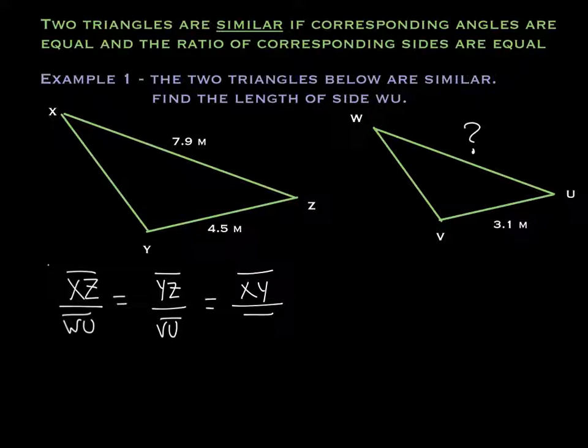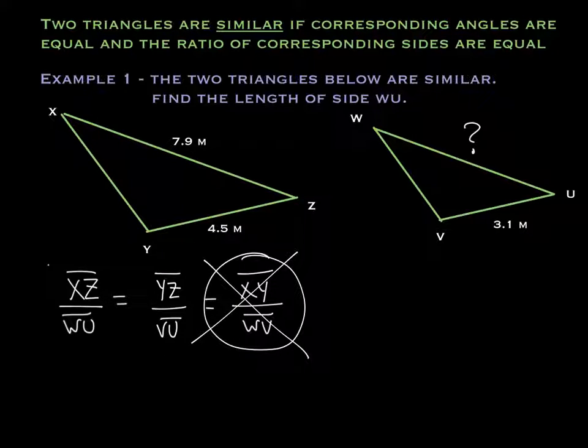Now that last piece of information we're not going to use in this question, because we don't know anything about these two sides, and we're not interested in them. We know a lot about the first two ratios, so we're going to focus on those.